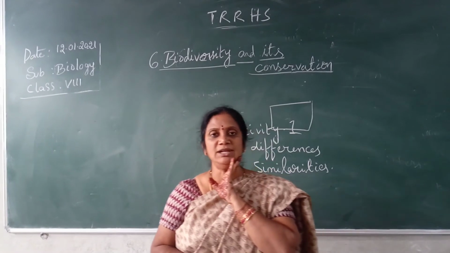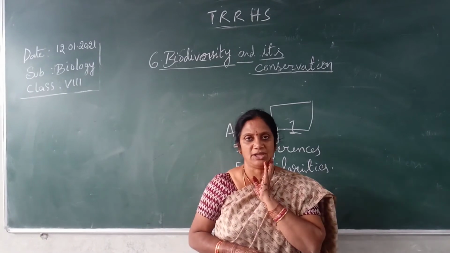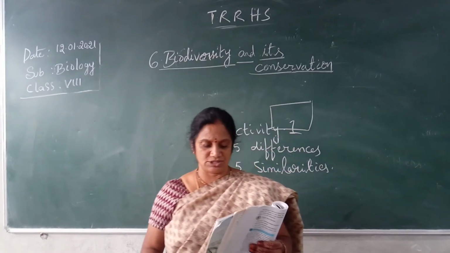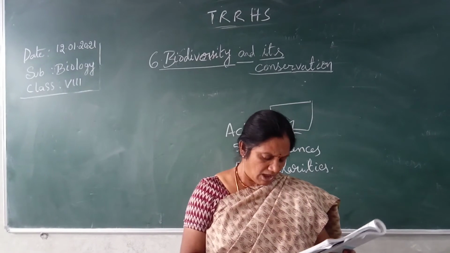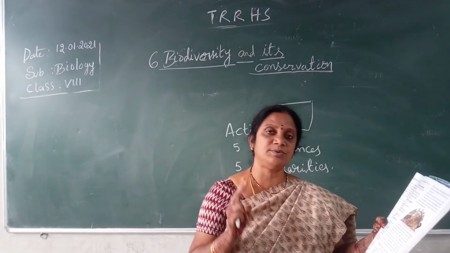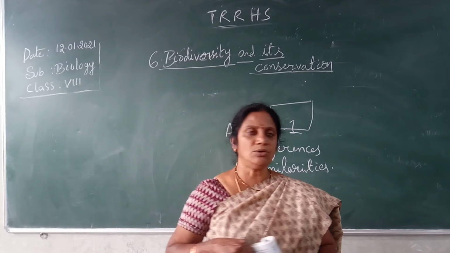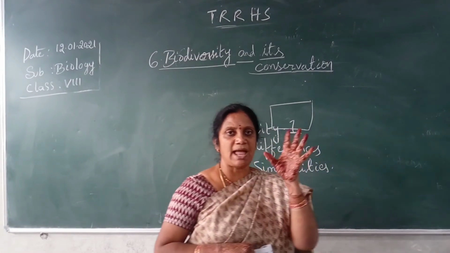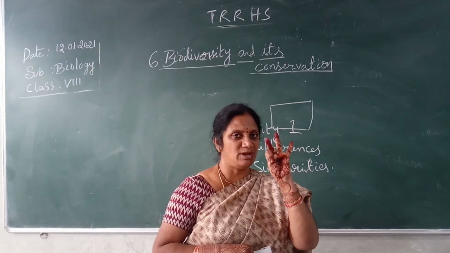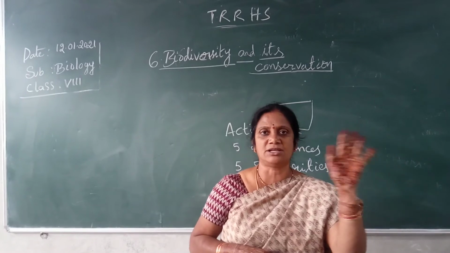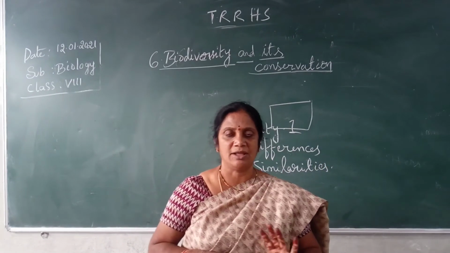After completing this, compare and try to answer these questions. The first question: are there any two organisms with 100% similarities between them? We have taken four types of activities: plants, animals, human beings, and famous personalities, either cricketers or heroes.